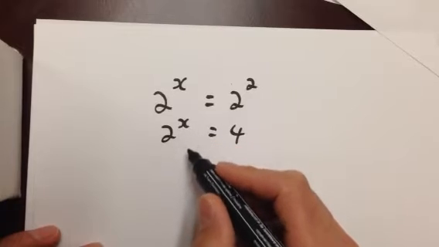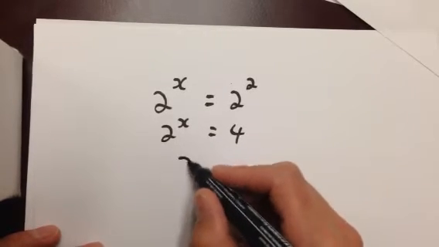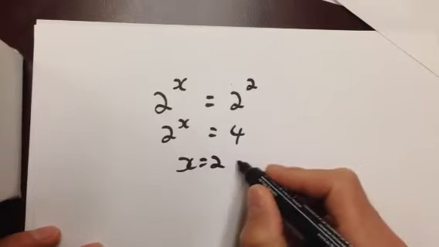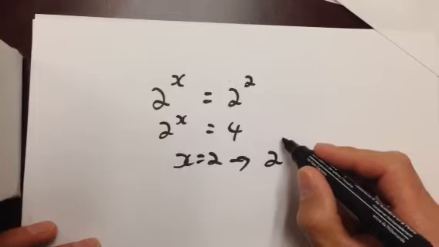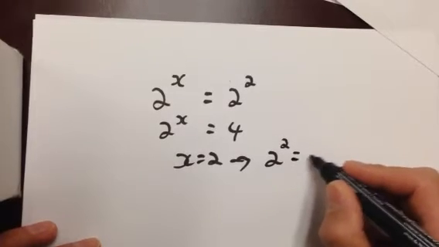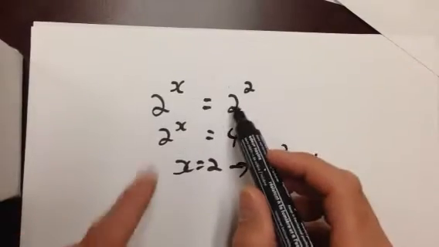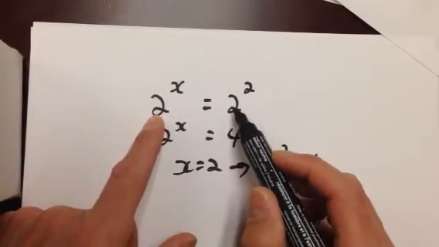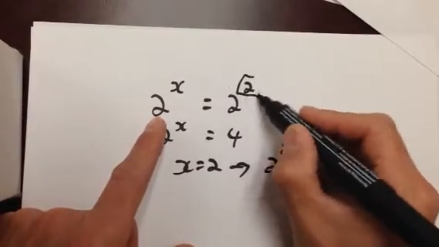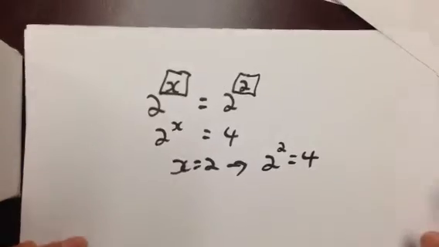We can guess and check and quickly determine that x must be 2, because that will make 2 to the x, 2 to the 2, which is 4 as required. So all we're doing is we're looking at our two sides, and when we see that the base is the same, we can deduce that the exponents must be equal to each other.